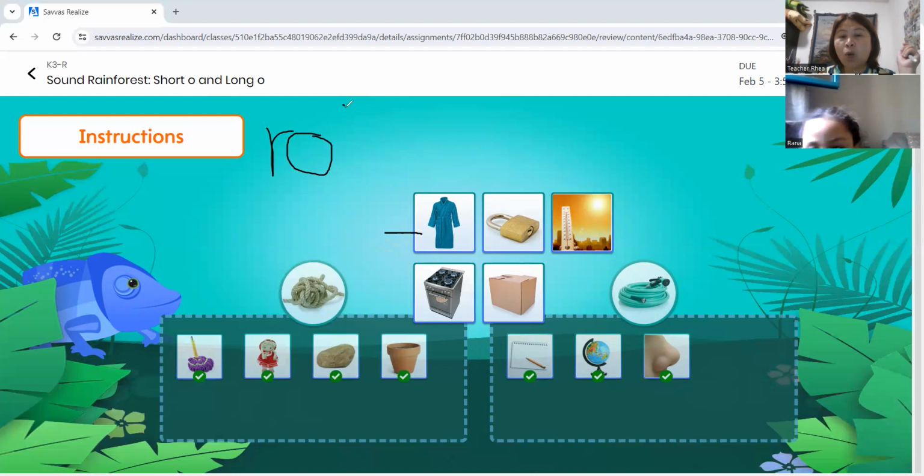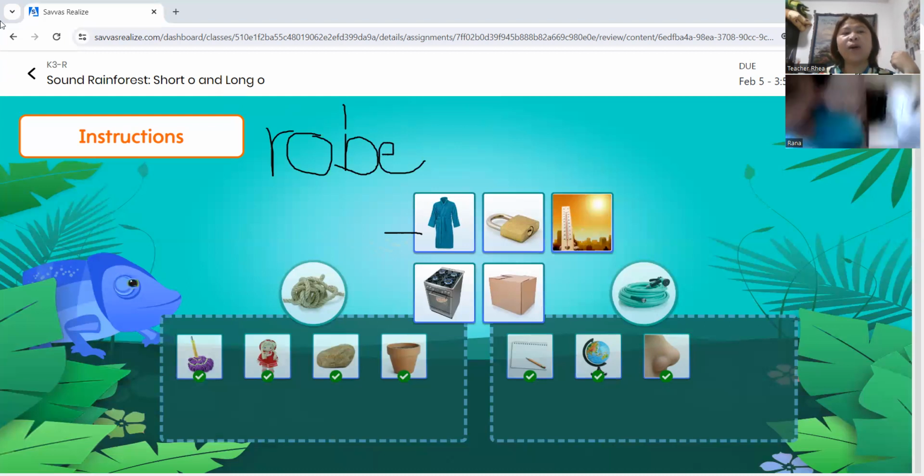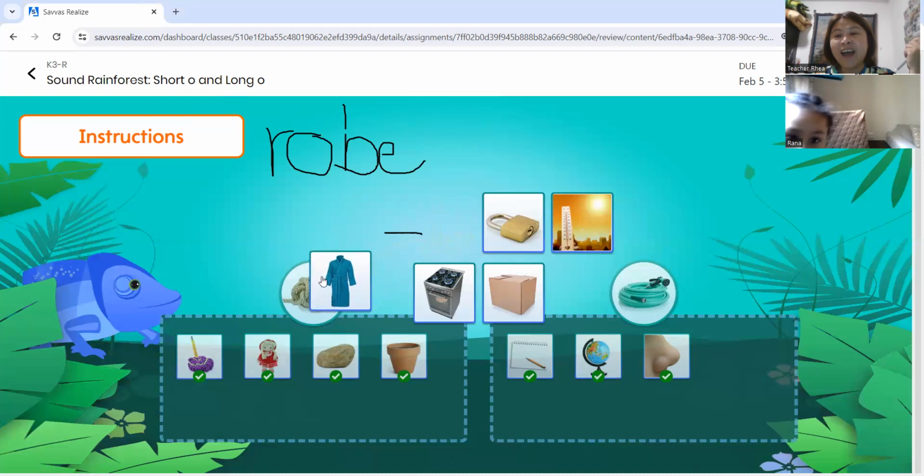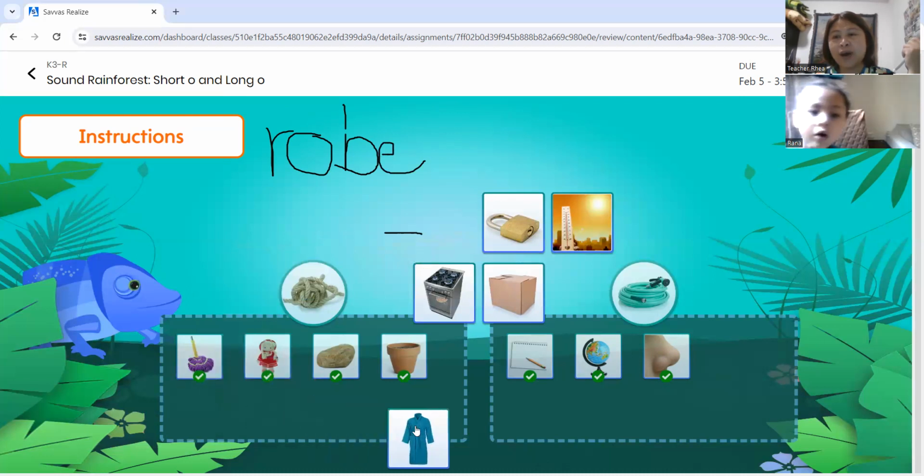Next is B. And the last letter is E. Very good. So is it a short O or a long O? Long O. Good job, Rana. So where are we going to put it? Under the knot or under the hose?